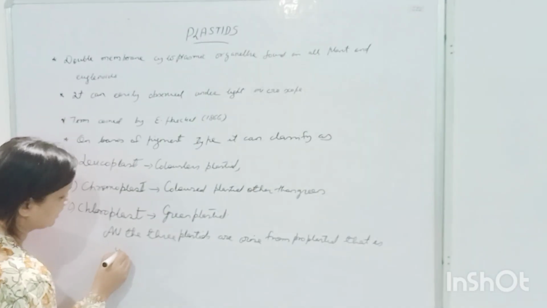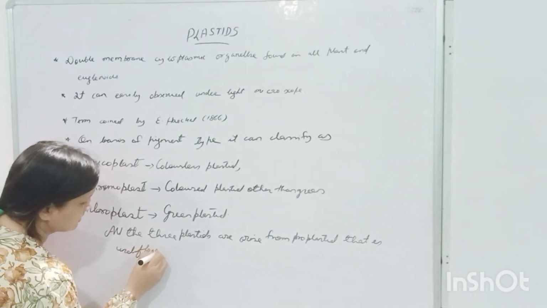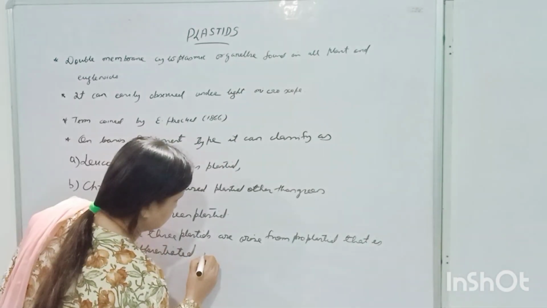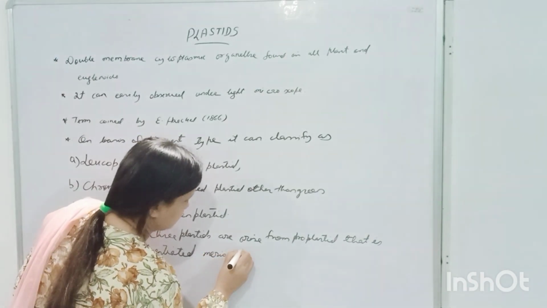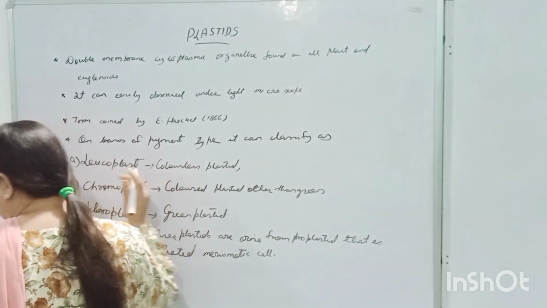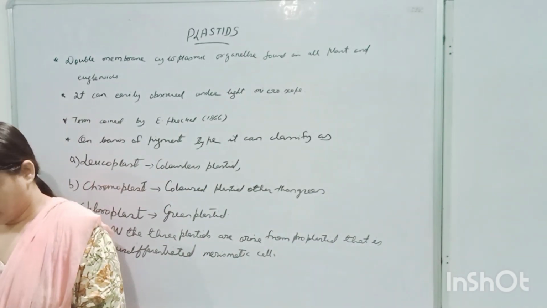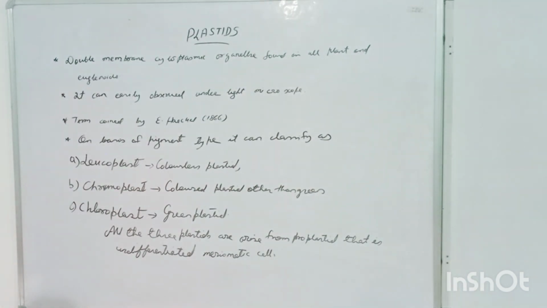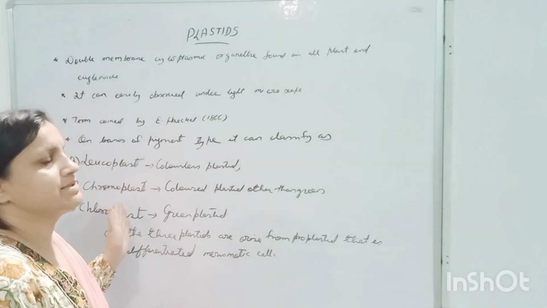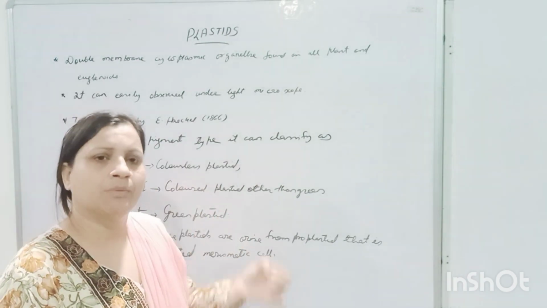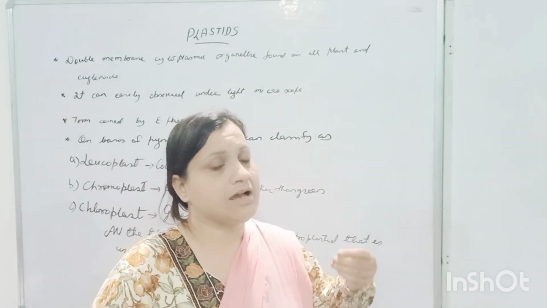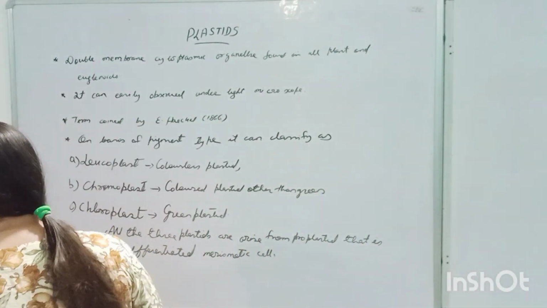It is an undifferentiated meristematic cell, which is found in the meristematic cell in undifferentiated form. So this is about the plastid overall, and they all arise from proplastid, the undifferentiated meristematic cell from which these plastids arise. So come to the next.